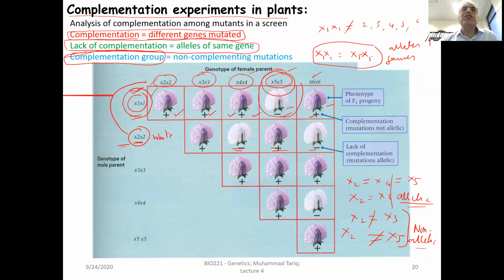You would say, no, sir, we should say the complementing ones are the complementation group. No, in genetics, a complementation group is the ones which do not complement each other. Alleles of the same gene, which means these ones where there is lack of complementation, we will call them a complementation group.